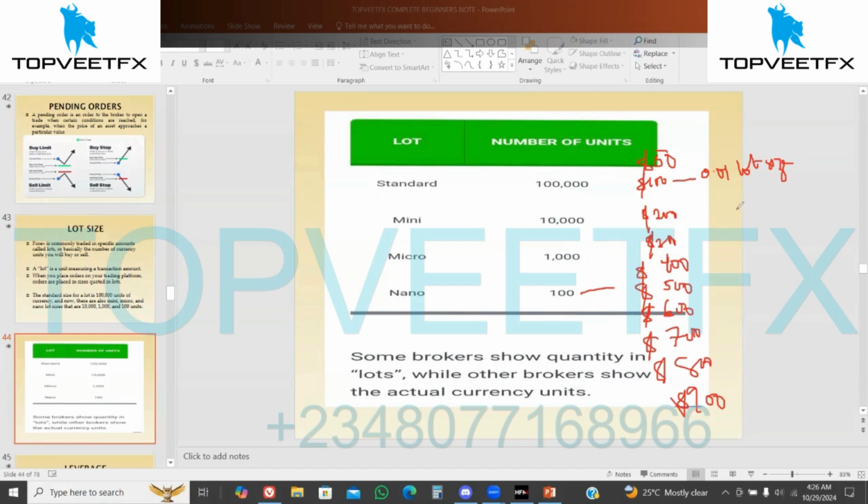Meaning that if your trade moves from 0 pips to 10 pips in your favor, it means 10 pips times lot size, which is 0.01, times your 10, which is constant.